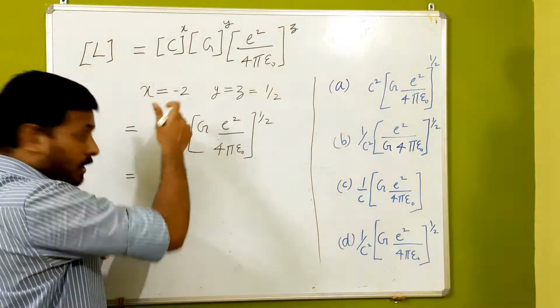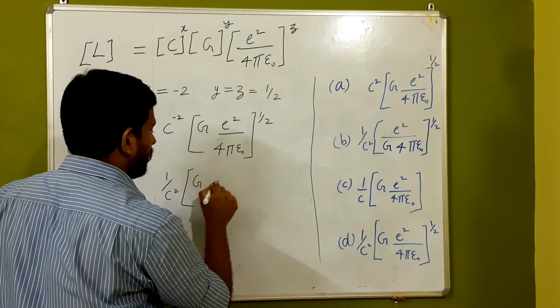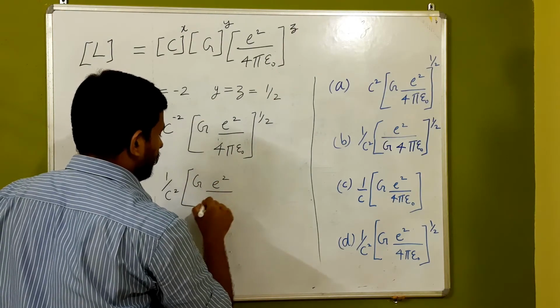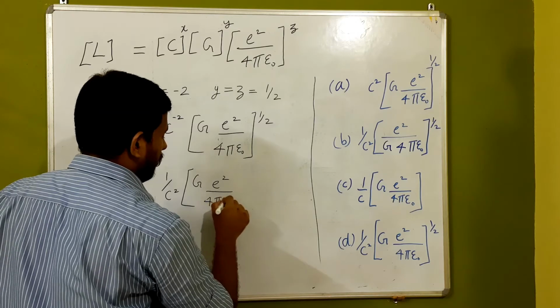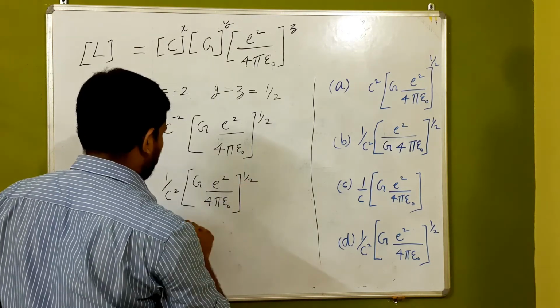C raised to minus 2 becomes 1 by c square, g, e square by 4 pi epsilon 0 the whole power 1 by 2.